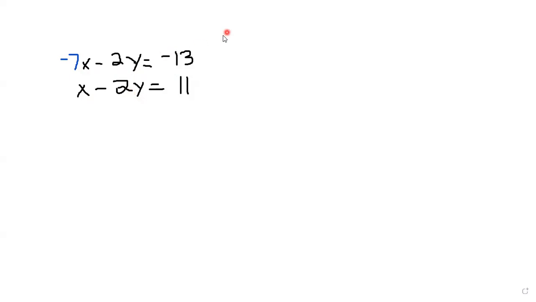This one's a little bit more complicated, but I notice with this equation here that x is by itself.